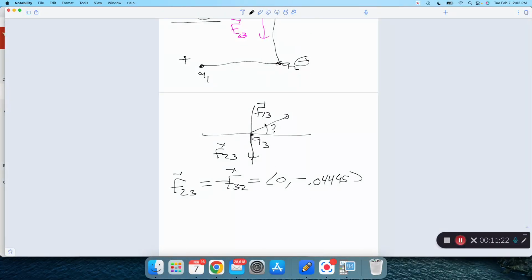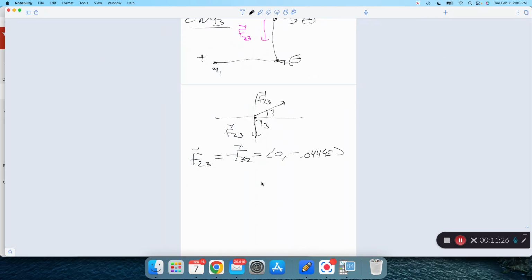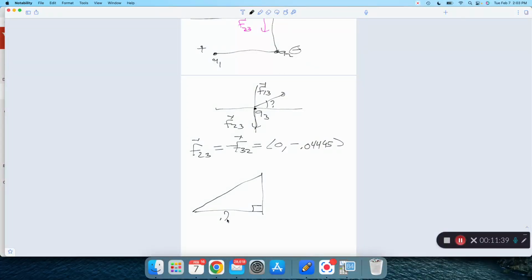Okay. F1 on 3 is the one where we have to do some work. So we're going to have to look at this triangle. This is a right triangle here. This was 0.7. This was 0.4.